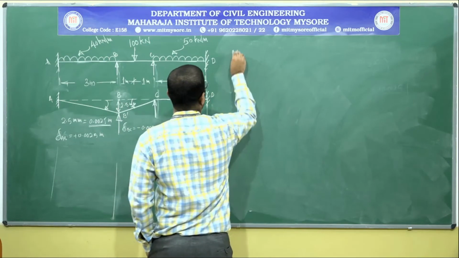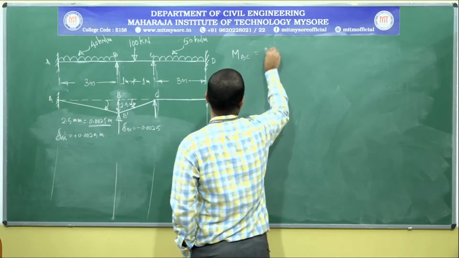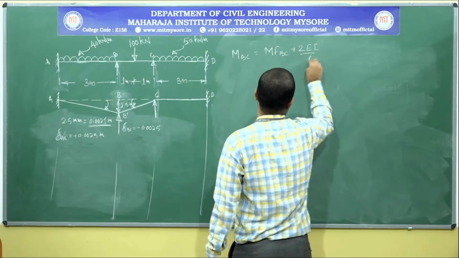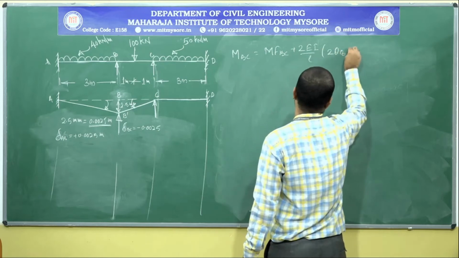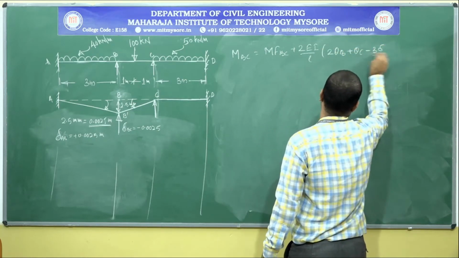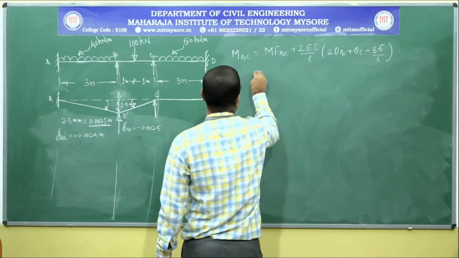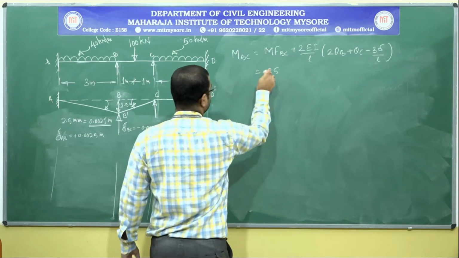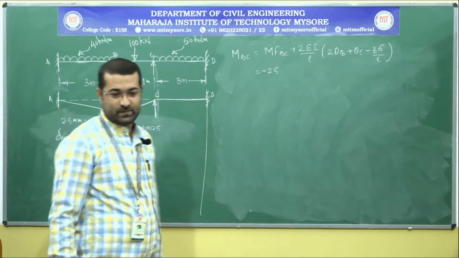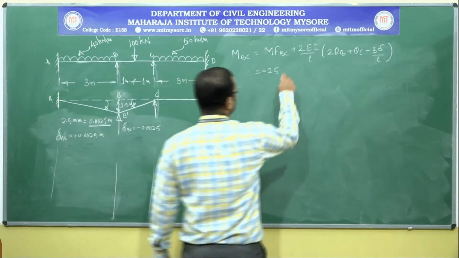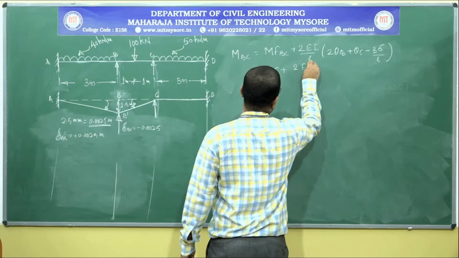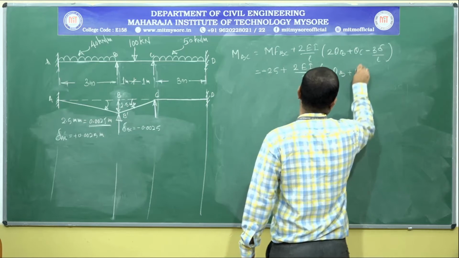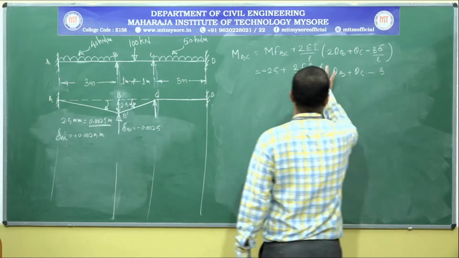Here MBC is equals to MFBC plus 2 EI by L into 2 theta B plus theta C minus 3 delta by L. So here see MFBC is minus 25, okay, plus 2 EI by L, L is 2, into 2 theta B plus theta C minus 3.